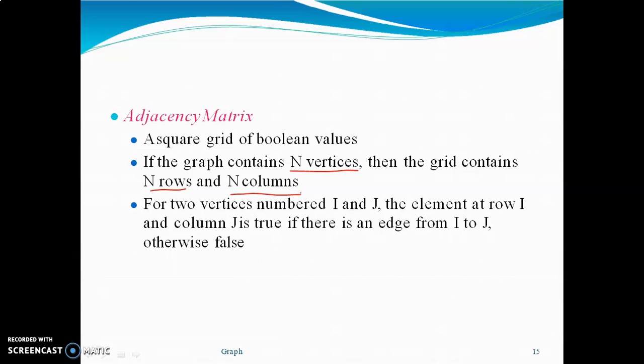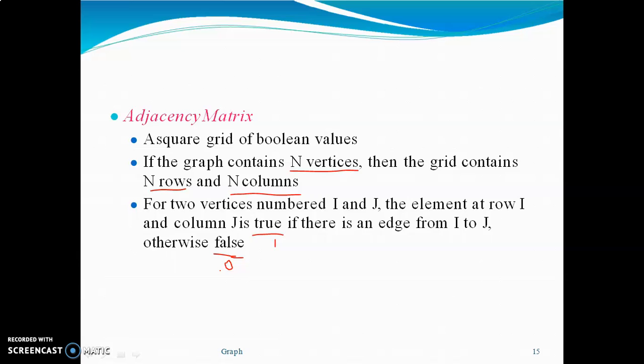Whenever you are creating a matrix, if any vertex has an edge to another vertex, then in that place we will write either 0 or 1, or we can also represent it as true or false. Here we write true as 1 and false as 0. That is, if any two vertices have an edge, then we write 1, otherwise 0.